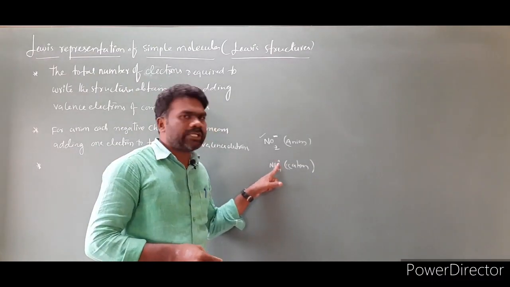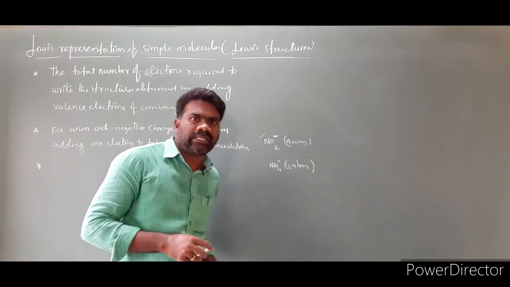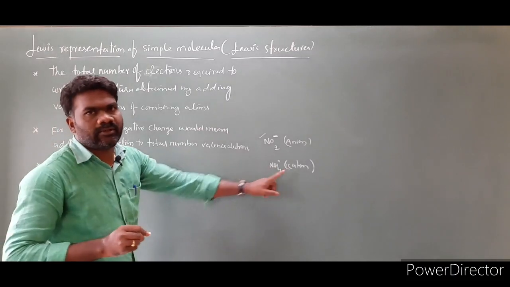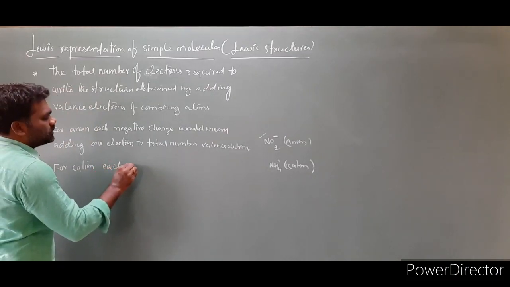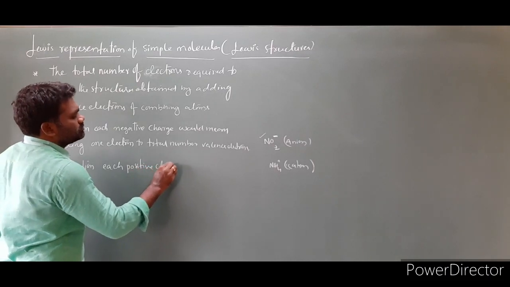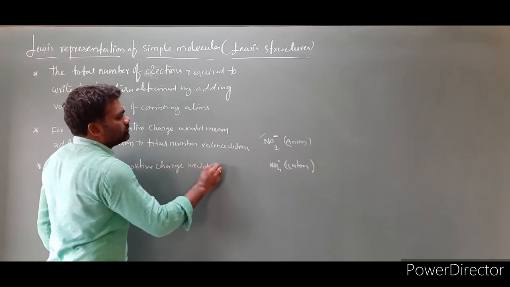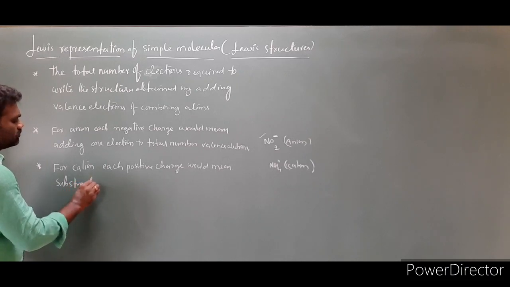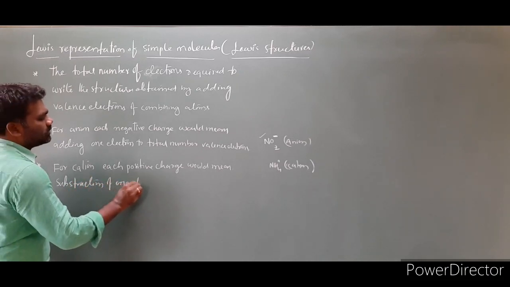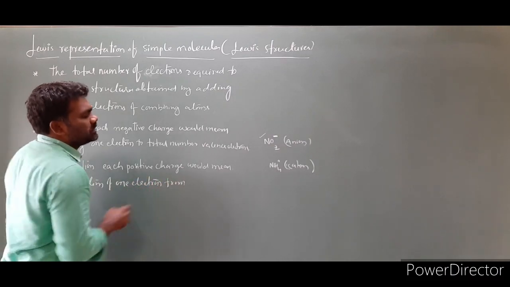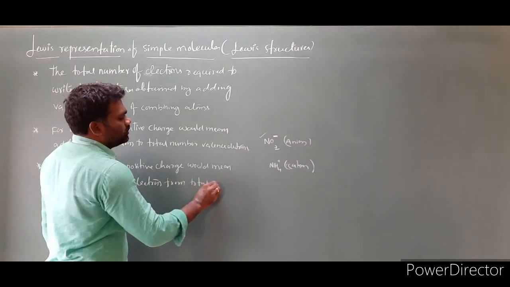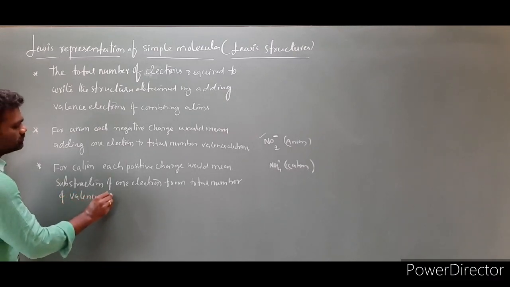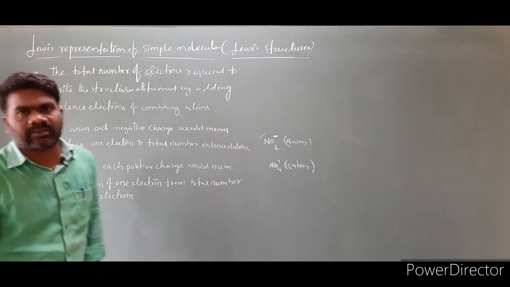For cation, each positive charge would mean subtraction of one electron from the total number of valence electrons. This is rule number 3.